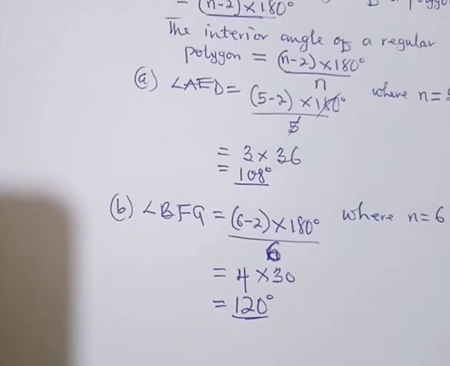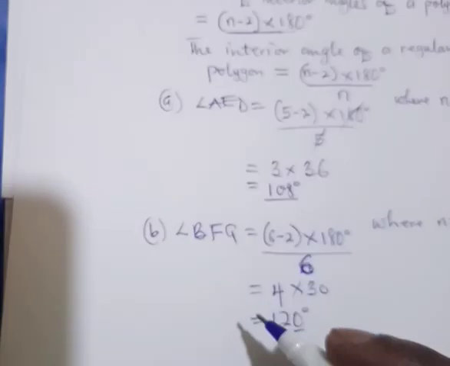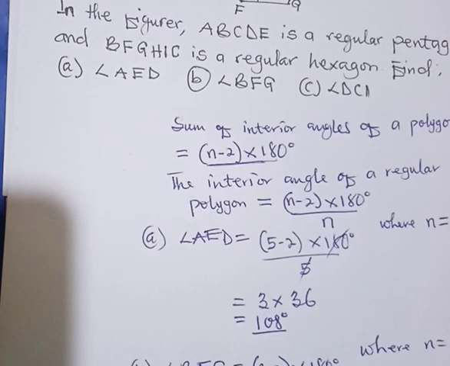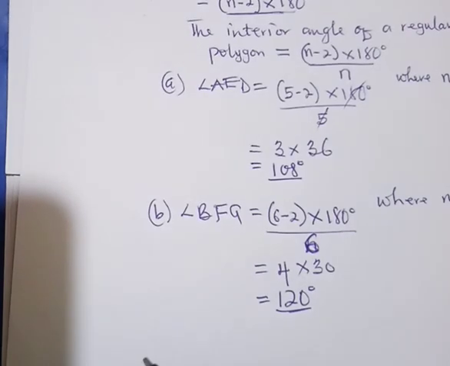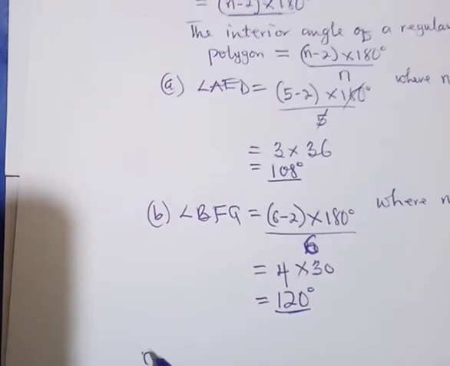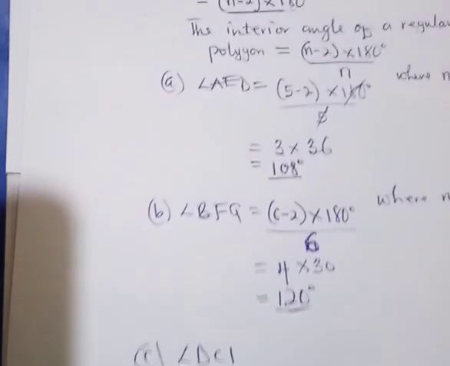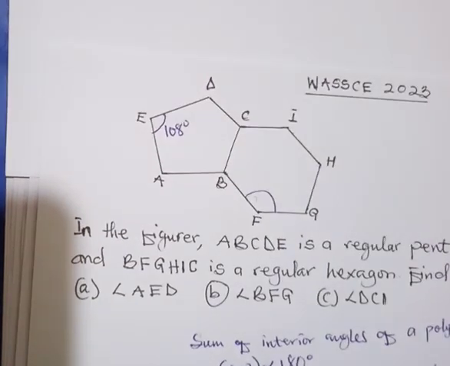So the second answer is also 120 degrees. So let's look at how we can also find the next question, which is angle DCI. So let's go and identify angle DCI in the figure.